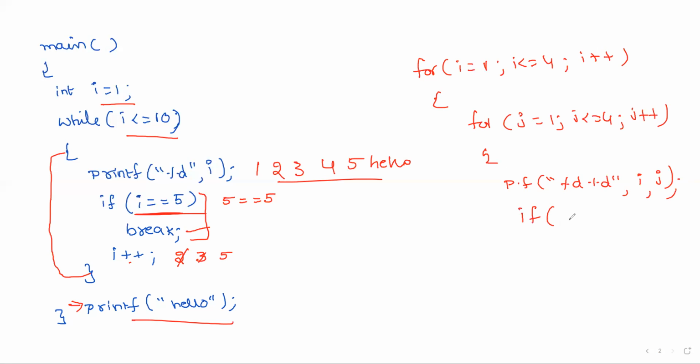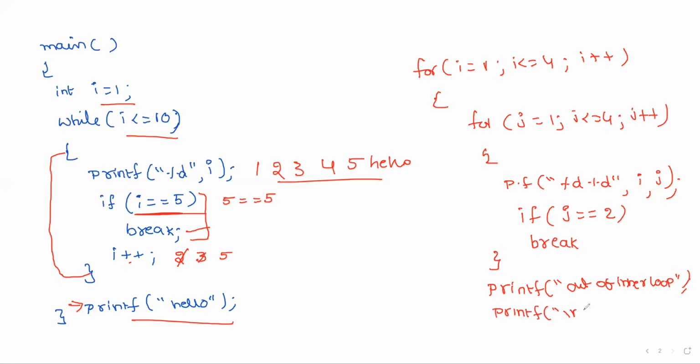Suppose here I am writing the condition, if j is equal to 2, break. Then one more statement, printf with a message, out of inner loop, and for clarity, backslash n.